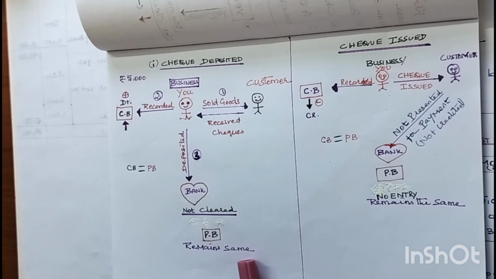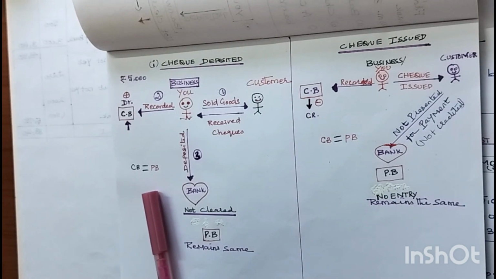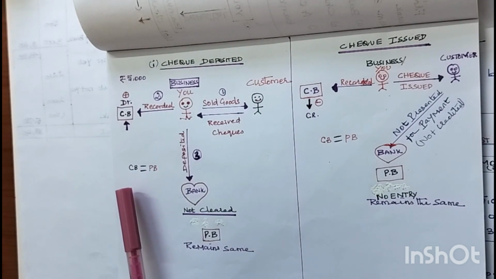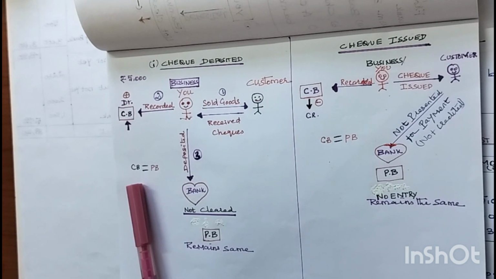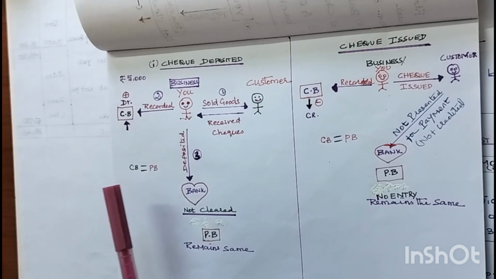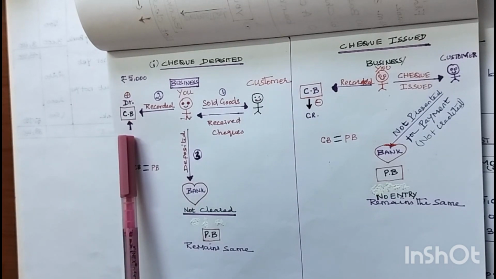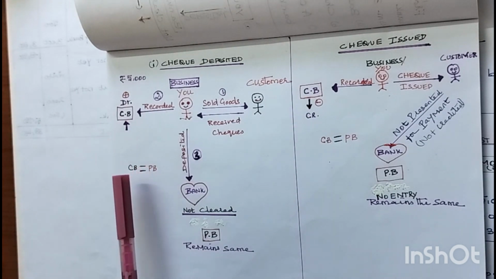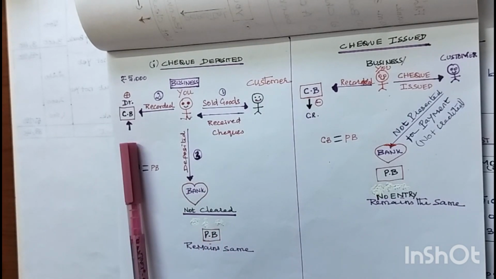Now what we are going to do, we need to match up, or show the same balance for the passbook as per the cash book. Listen carefully. You need to show the same balance for the passbook as per the cash book.